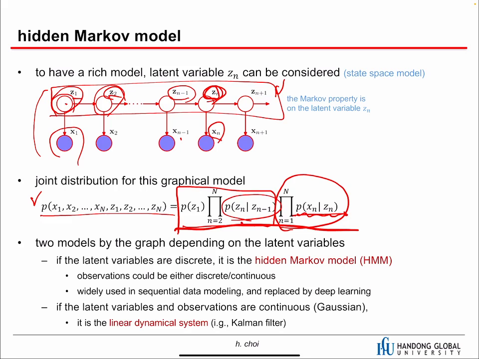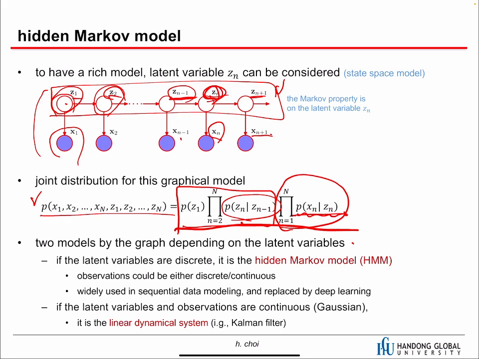Basically there are two different models by the graph, depending on the latent variables. When the latent variables zn are discrete, then it is a hidden Markov model. With a hidden Markov model, we can have discrete or continuous observations, but the latent variable should be discrete.